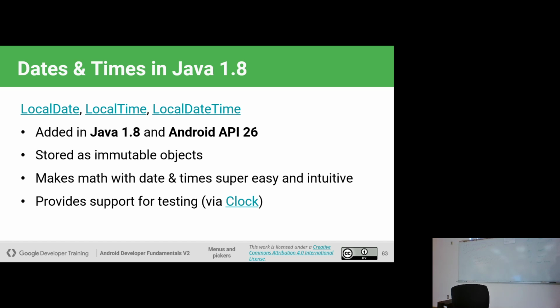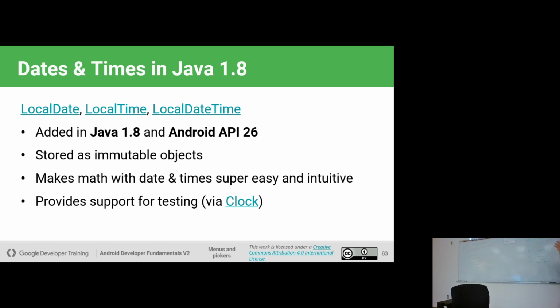So Clock gives me a way to use a different clock than what the actual current time is. I can tell it that the current time is actually 11:35, or it's 4 p.m. in the afternoon.